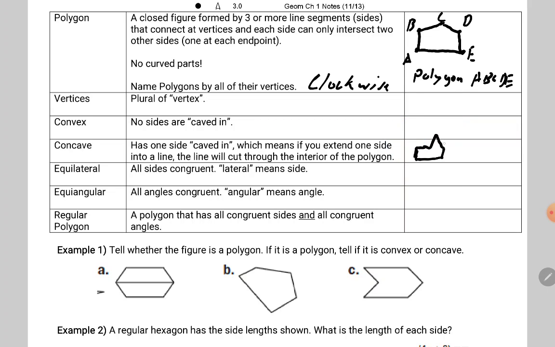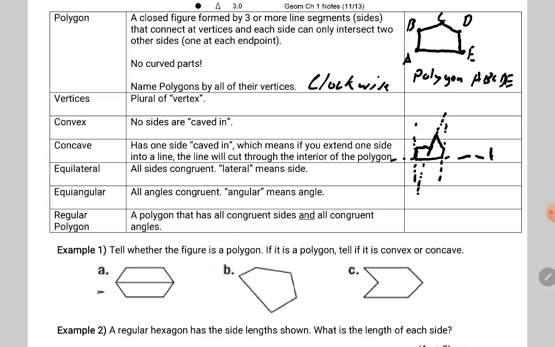Okay? If you extend any side, so if I extend this side, that vertical line, or that, or that, notice how those lines, they're not going inside the object. But if I extend this mountaintop here, it goes inside. So that would be considered a concave object.